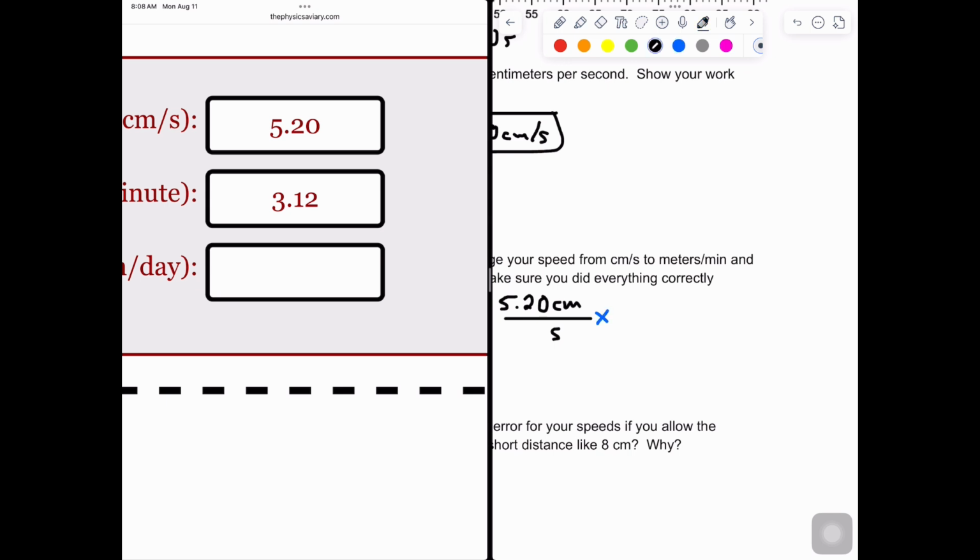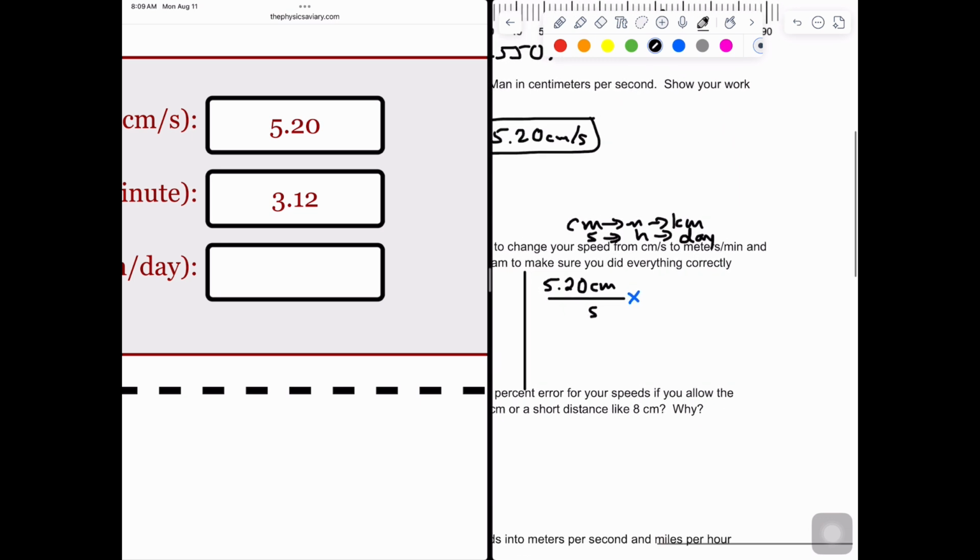Because for instance, I'll be converting from centimeters to meters, and then meters to kilometers. And then for the time scale, I'll be converting from seconds to hours, and hours to days. So it's going to take me quite a few to get this one done. Okay, but if we do it right, then the units will cancel nice and the math will take care of itself.